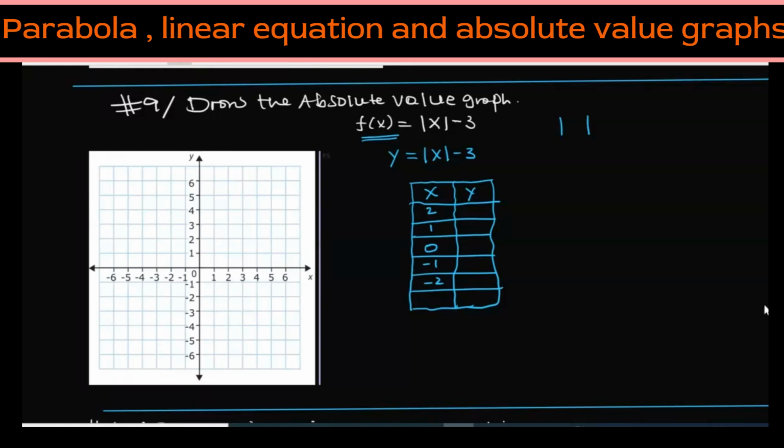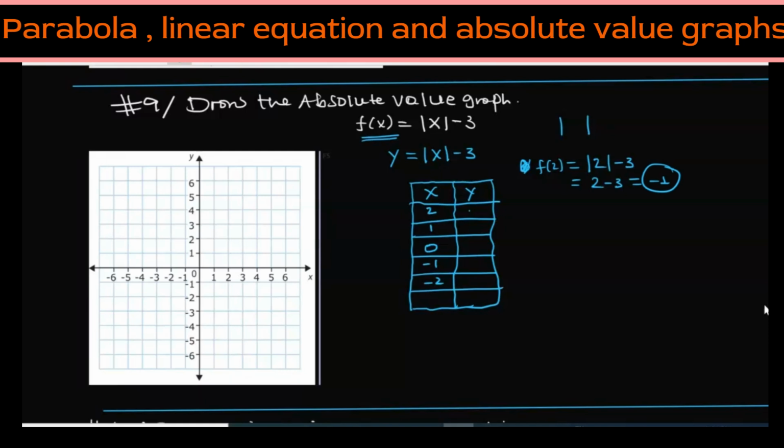So for the first one, when x is 2, what's going to be the y? You just go ahead, f of 2. f of 2 is equal to, plug in 2 here, absolute value of 2 minus 3. Absolute value of 2 is just 2, minus 3 is negative 1.